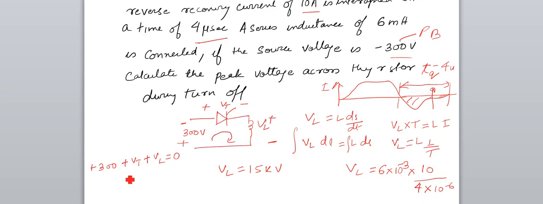So VT is equal to minus 300 minus 15 kilovolt, that will be approximately minus 15.3 kilovolt. So this is the amount of voltage that comes across your SCR during the turn off time.